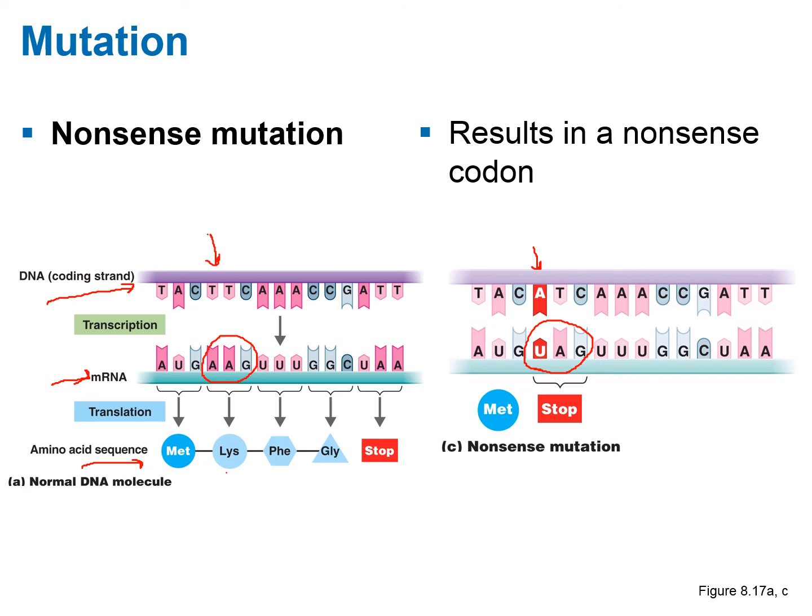So all of these amino acids that happen after the stop codon, they don't get synthesized or added to the protein. We get a truncation. And again, this shortened protein may or may not function in the cell. It might be toxic to the cell. Usually it's not a good thing to have truncated proteins inside of the cell.